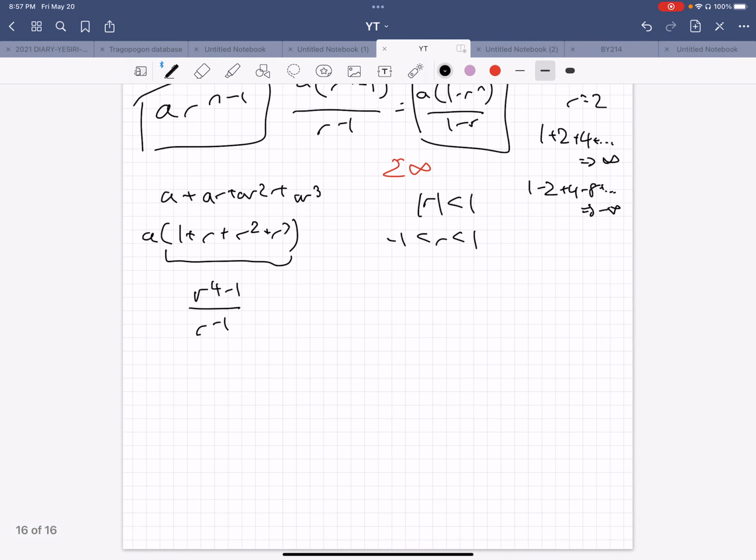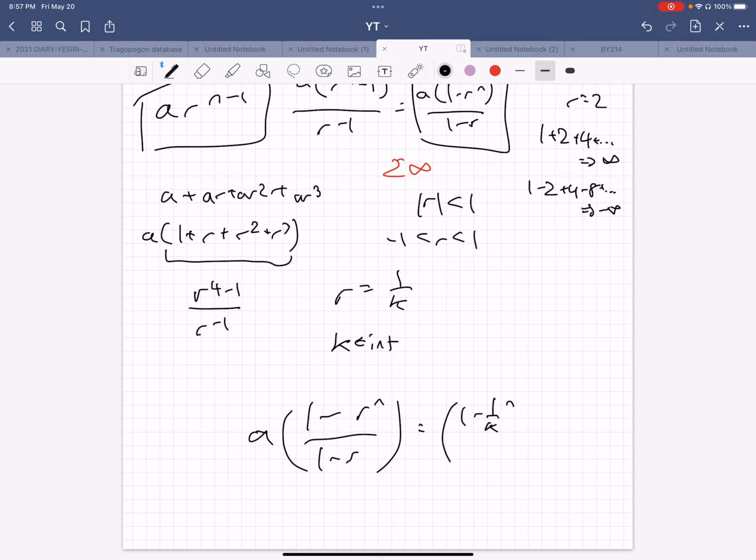So now let's say r is 1 over k, where k is an integer. Then we have 1 minus r to the n over 1 minus r, times a. The problem with this is that we can rewrite it as 1 minus 1 over k to the n, over 1 minus 1 over k, times a. But if we have 1 over an integer to an infinite power, we could say this reaches 0.